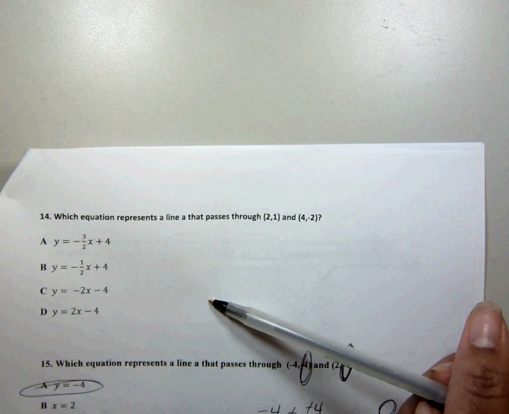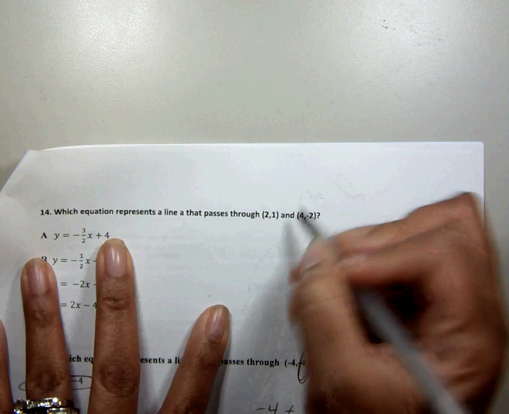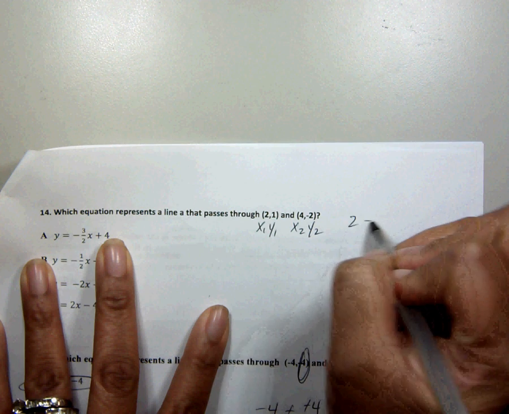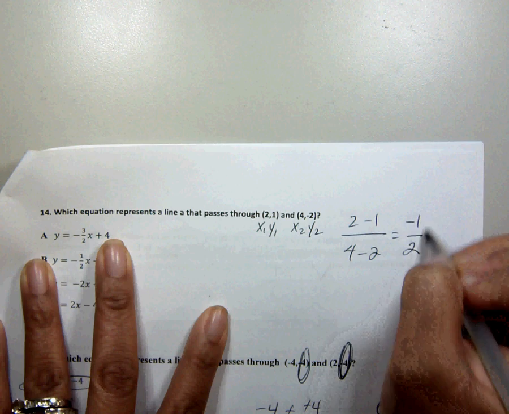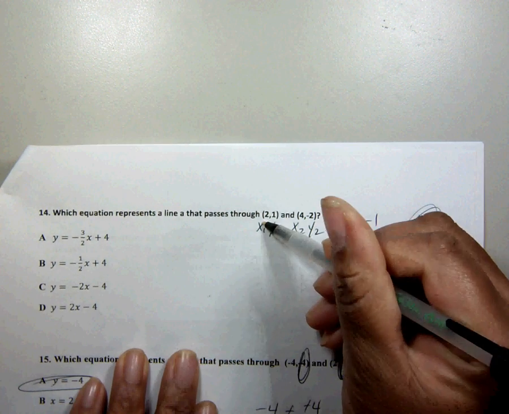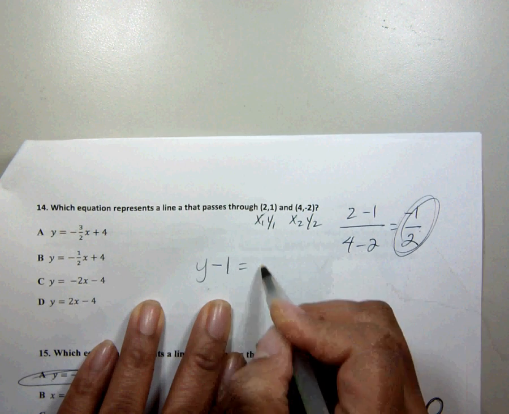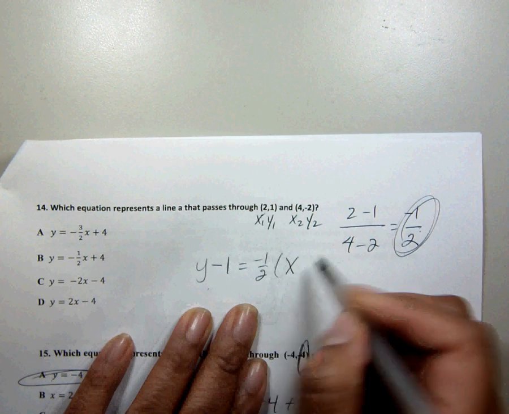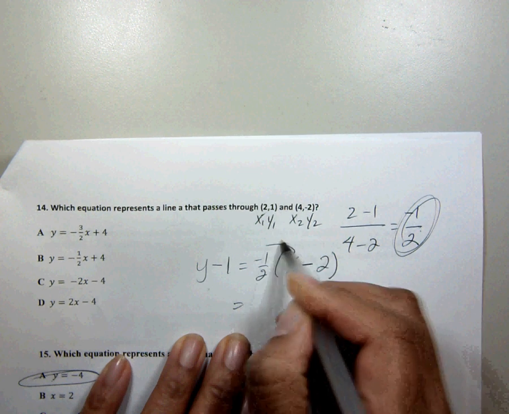Number 14, which equation represents a line that passes through these 2 points? Well, nothing looks alike, so I have to find the slope. So 2 minus 1 over 4 minus 2, -1 over 2, that's my slope. Now I have to take that slope and this point and use point slope. So y1 is 1. Put in my slope. I'm not going to change it or flip it because it didn't say perpendicular. X minus x1 is 2. So now we distribute.